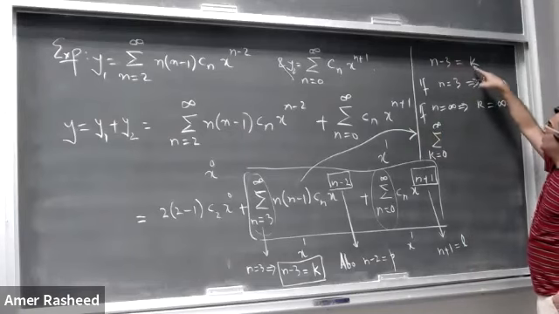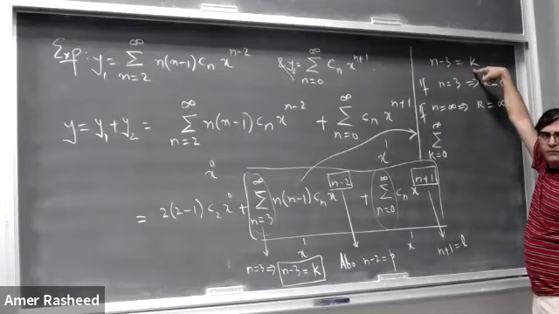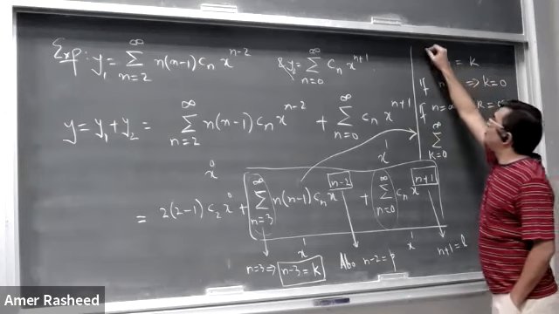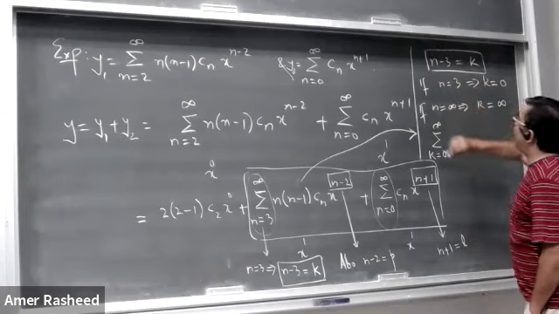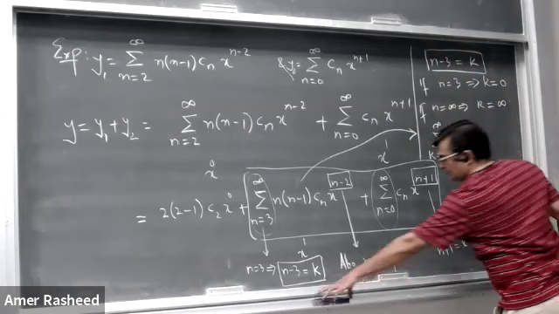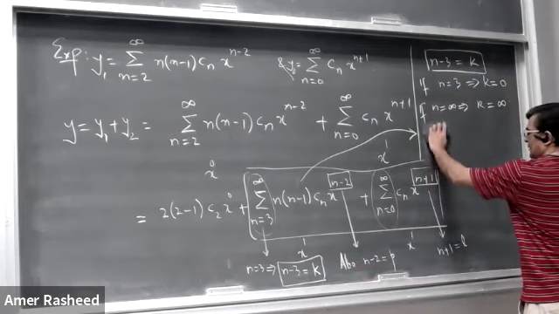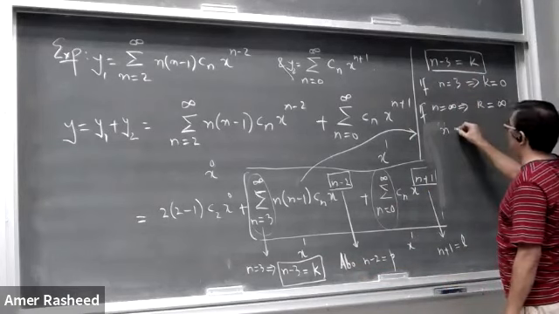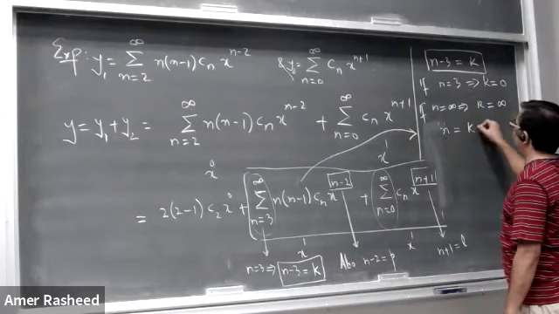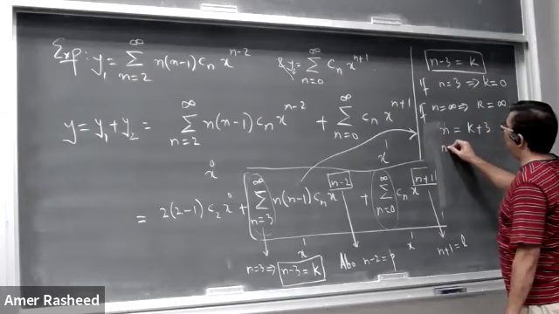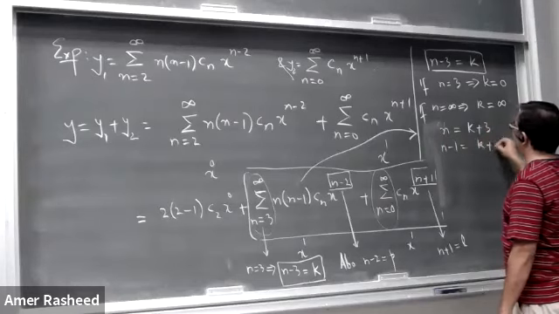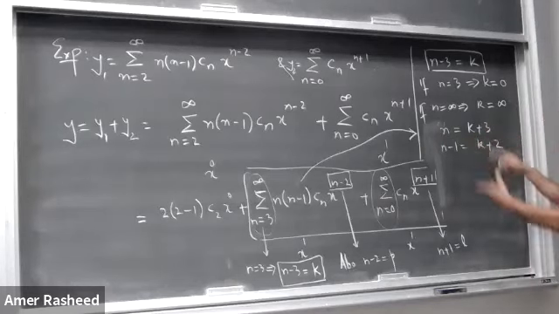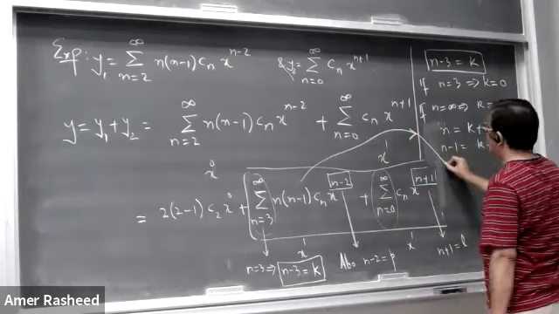And n is equal to k plus 3. From this substitution, let me write it. From this equation, we can find n is equal to k plus 3, and n minus 1 is equal to k plus 2, because we take minus 1 on both sides. Now how can we write this power series?